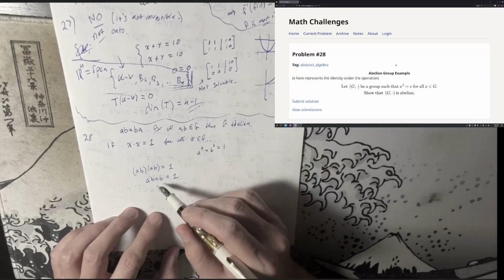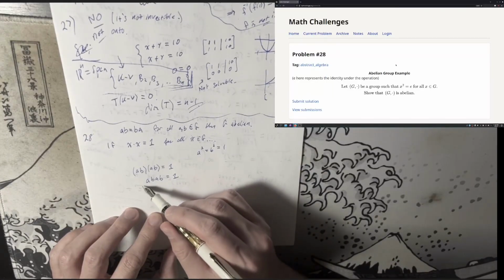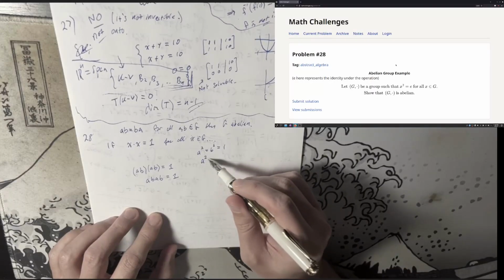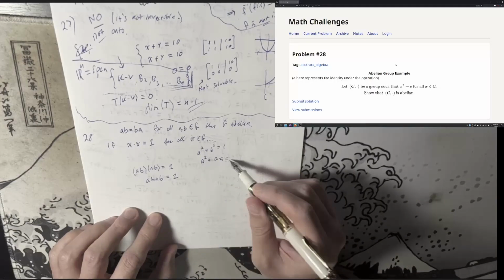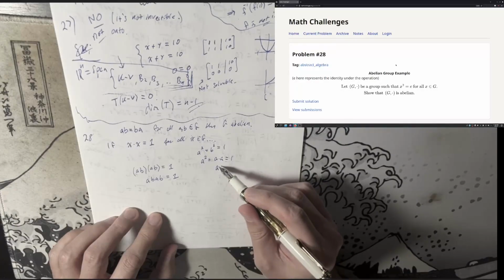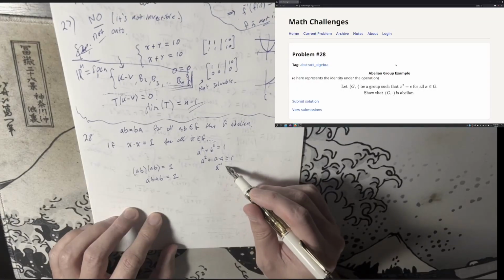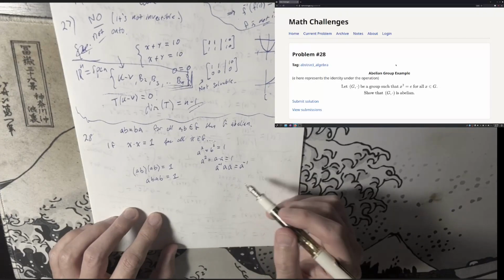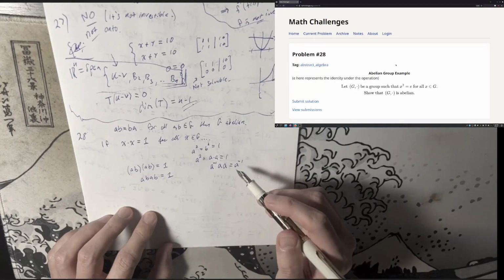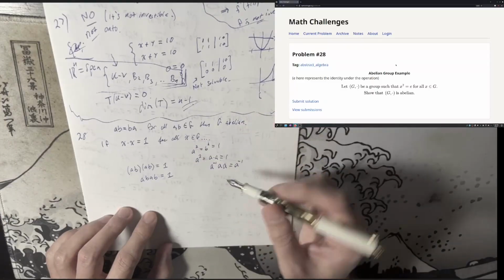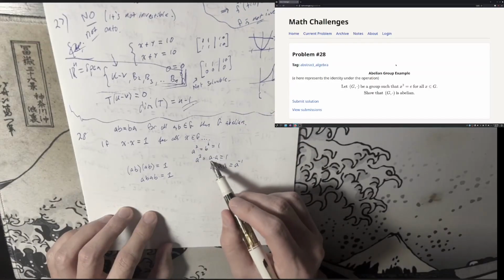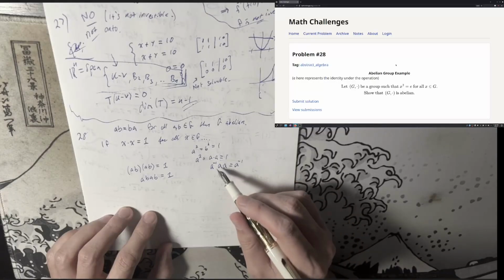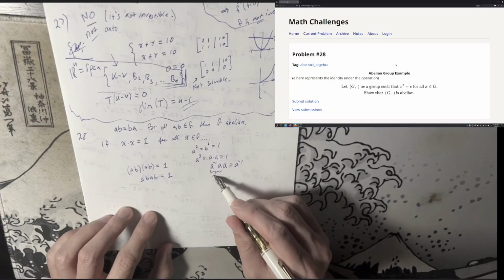I'm saying that because if I multiply on the left by A inverse, we're going to end up seeing that A is its own inverse. I realize that's obvious. I kind of just said that, but if you started with A times A is 1, you multiply on the left by A inverse, this of course gives you 1.